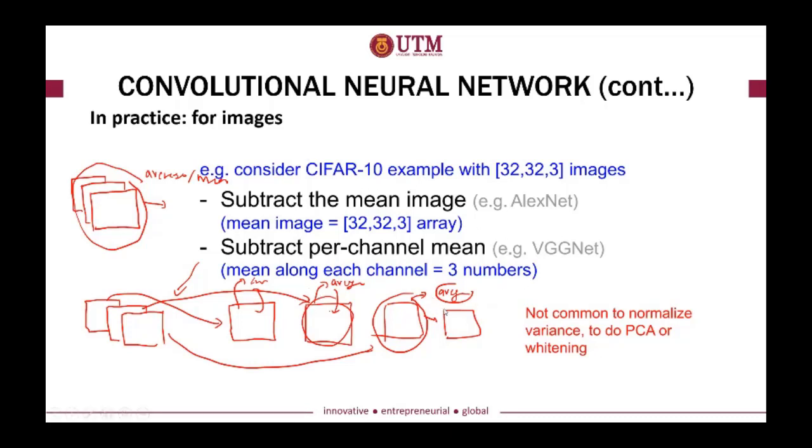Every well-established CNN applies the mean normalization, but for AlexNet the reference average is the average of the whole matrix, while for VGGNet the reference average used to compute the normalization is per channel matrix.